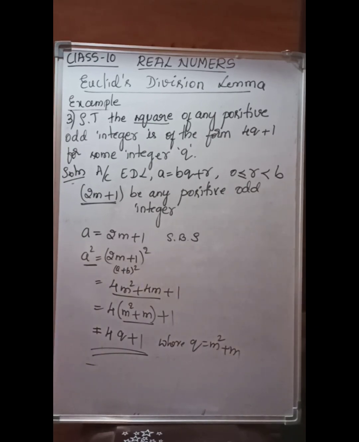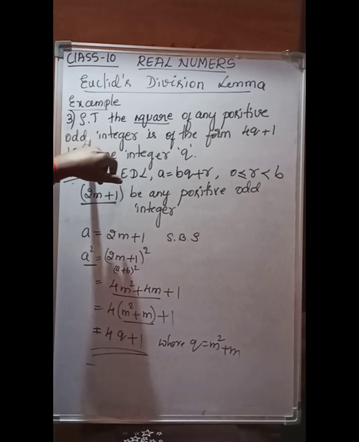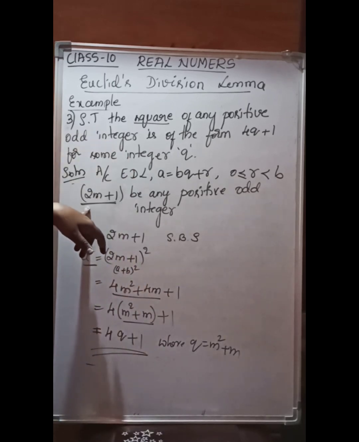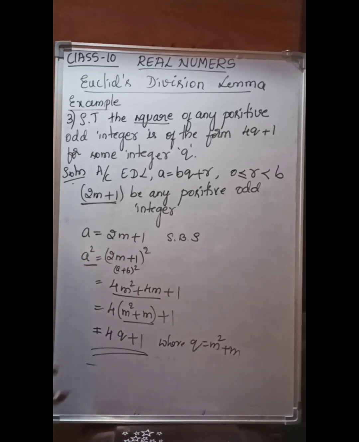Now consider next example. If they ask this type of problem like squaring any positive odd integer or any even integer, if it is any positive even integer, we will consider 2m only. Okay, directly you can consider 2m and square on both the side, then you can prove it.